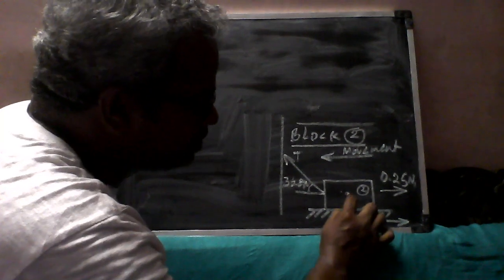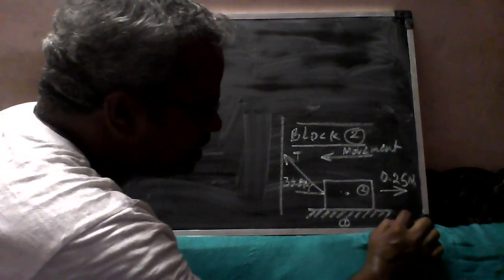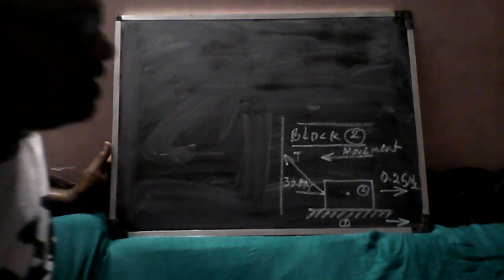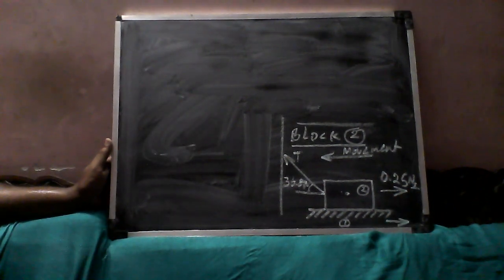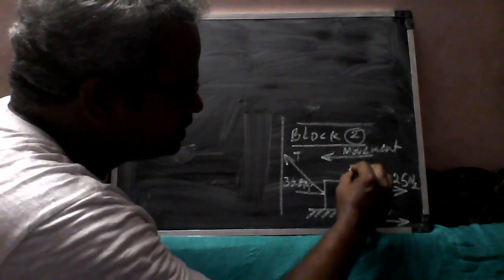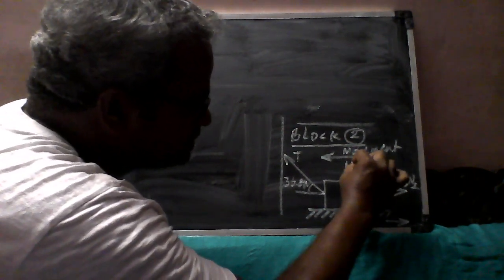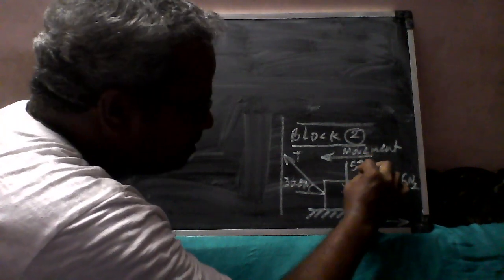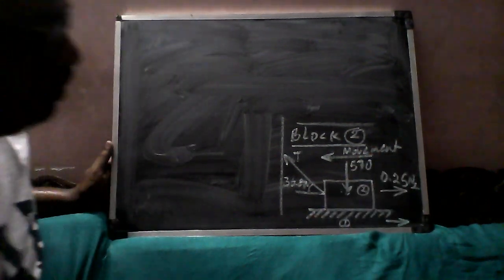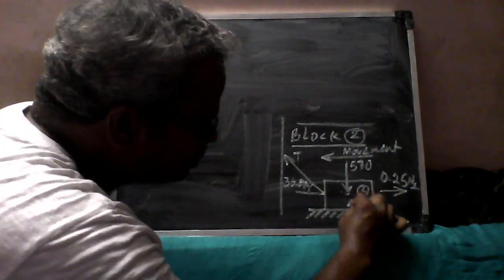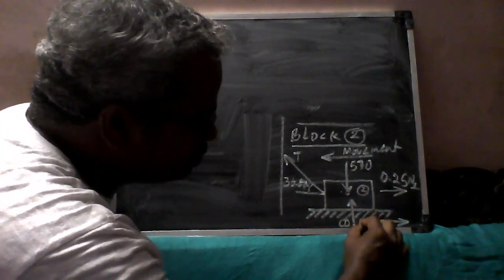Block 2, we are having block 2. So I will be having a contact surface. This is block 2. I can have it N2. So this force, and I have a weight acting downwards. What is that weight? 570 Newton. And there will be a normal reaction acting upward. What is that? That is N2.